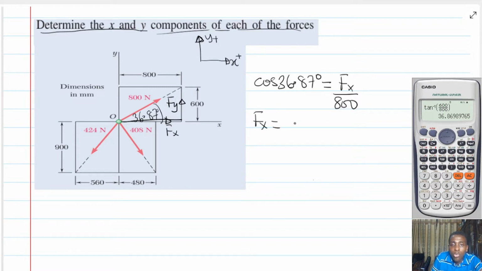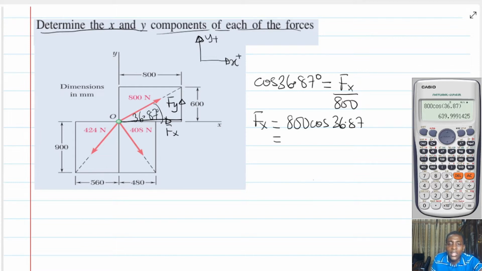Now Fx is going to be 800 cos 36.87. All right. So what is it going to be? Calculator. So 800 cosine 36.87, and that is going to give me 639.9999.